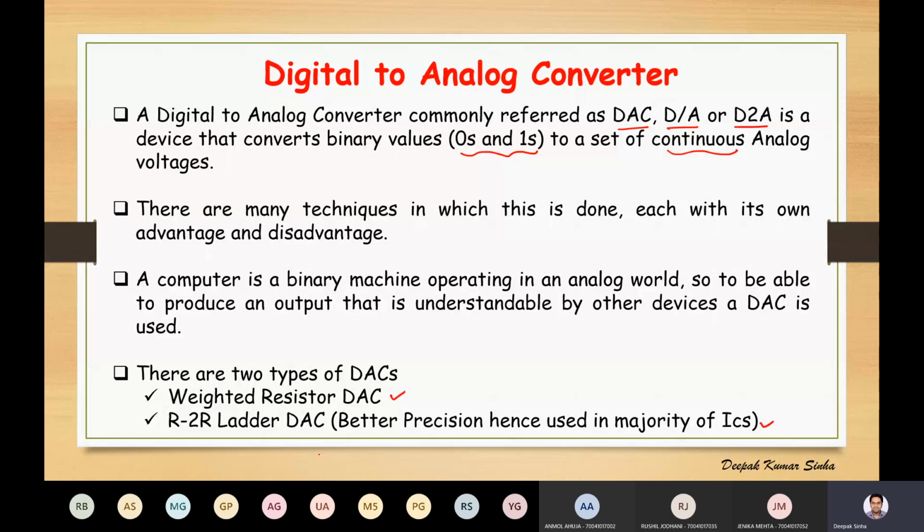R2R ladder is the best one, because in the weighted resistor we take resistors weighted in powers of 2, and exactly those valued resistors are very hard to get. That may lead to discrepancies in the output. So we use the R2R ladder type DAC, where the precision is the best, which is why the majority of ICs employ the R2R ladder type.